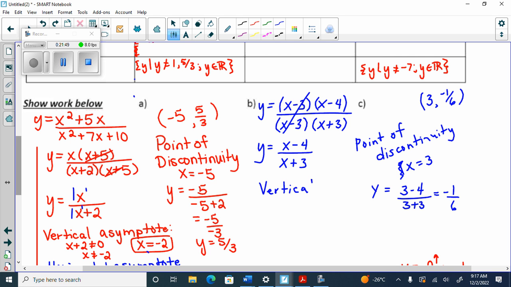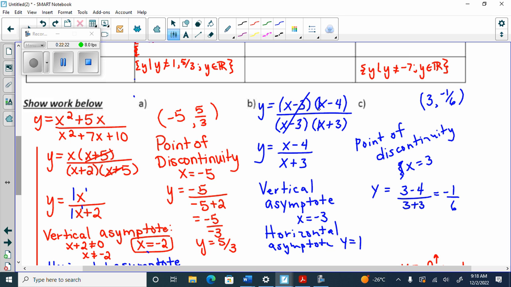X equals negative 3. That's my horizontal asymptote at y equals 1 because they're the same degree and our leading coefficient is 1 over 1, right?